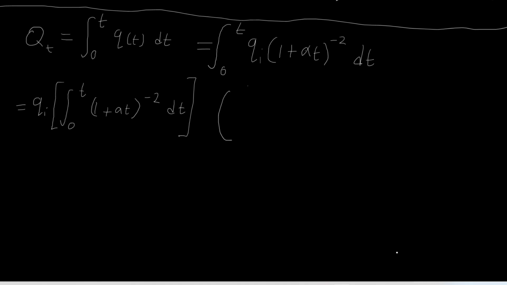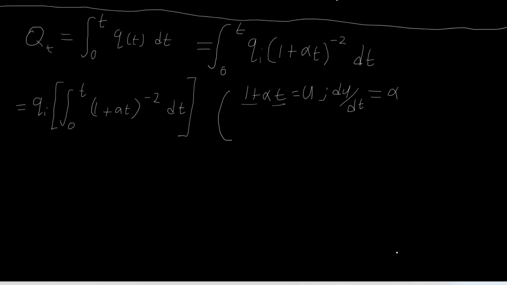Okay, now we assume that 1 plus alpha t, let it be u. We want to make our work a bit simple and easy. Let 1 plus alpha t be u. Okay, now we also need to find one more thing, which is du/dt, which is just simply saying if we differentiate this, what do we have? 1 is a constant, so it is going to give us 0, but this is a function of t, so this is just going to be alpha.